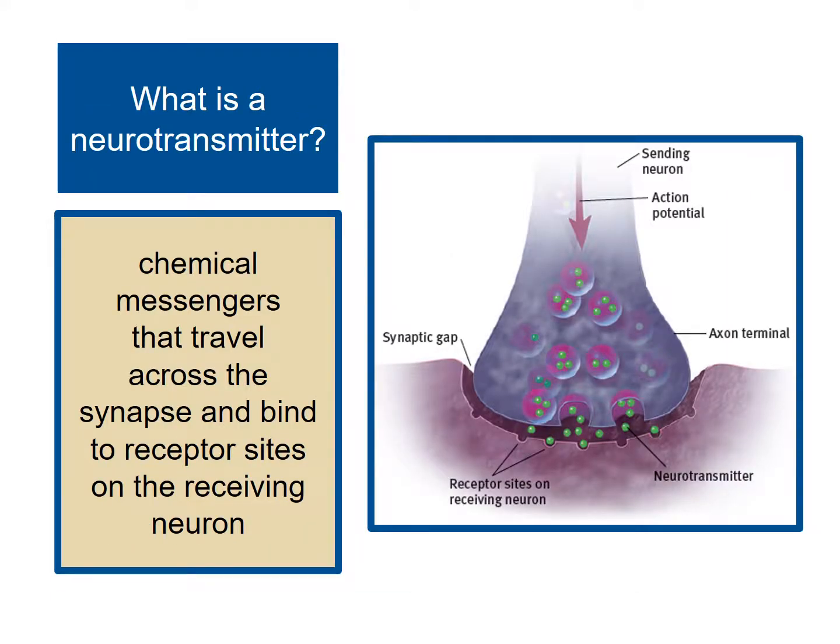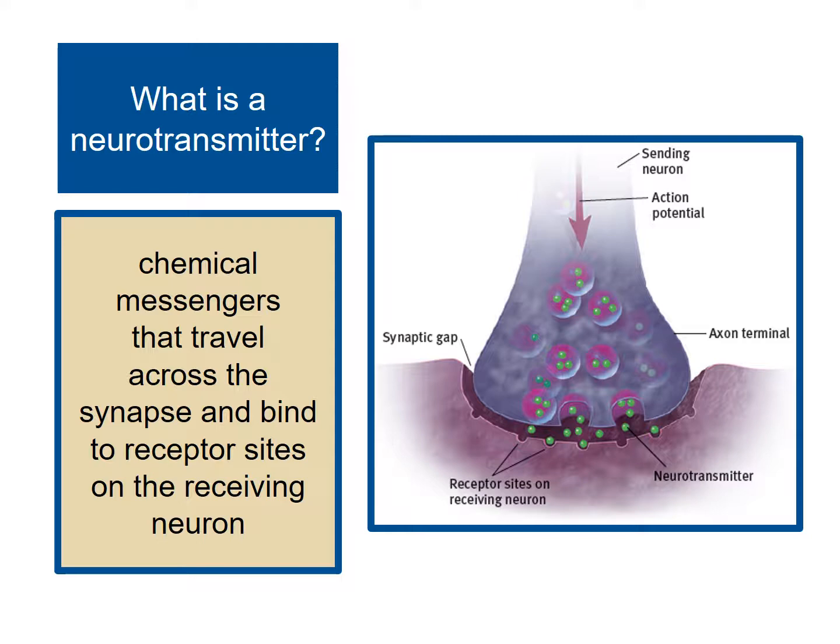So what's a neurotransmitter? Well, a chemical messenger that travels across the synapse and binds to receptor sites on the receiving neuron. So if you look at the diagram, you've got the sending neuron up at the top, and you've got the action potential coming down, and then you've got the axon terminal on the right-hand side and the synaptic gap on the left-hand side.